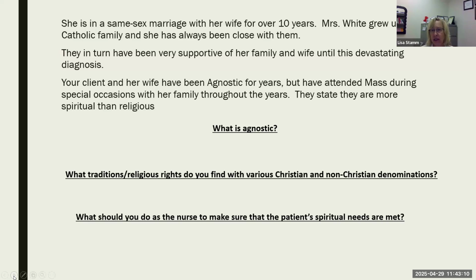What should you do as the nurse to make sure that the patient's spiritual needs are being met? Know the needs, ask them. Very good. Yeah, because the first thing the nurse does is to assess.